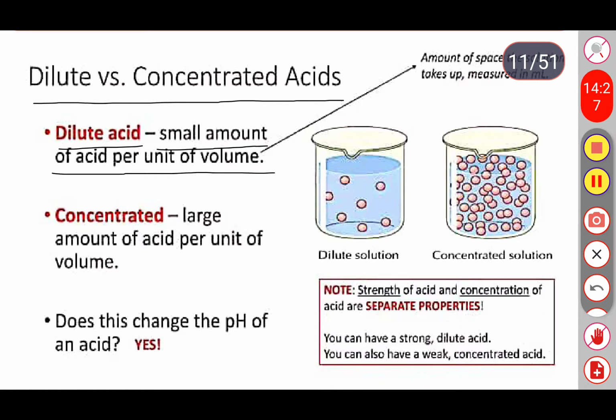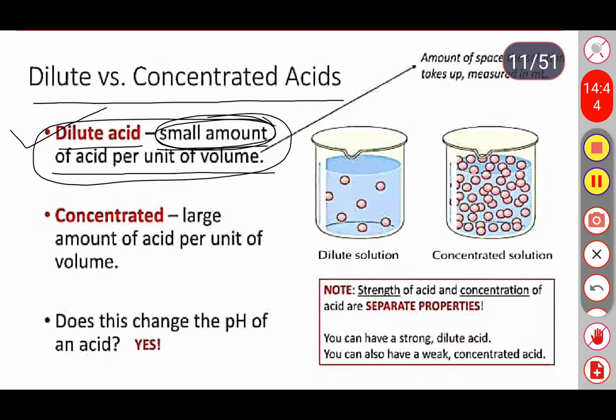It means in a particular volume of the container or of the water, we have very little acidic substance. Those solutions are considered dilute acids. Concentrated acid, we already discussed in the previous slide, no? A very large amount of acidic substance present in the water is called concentrated acid.